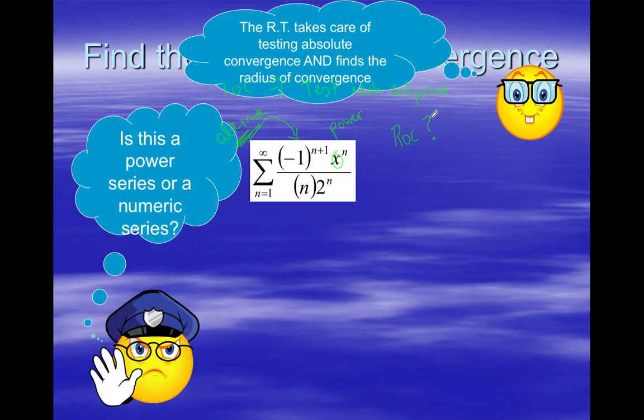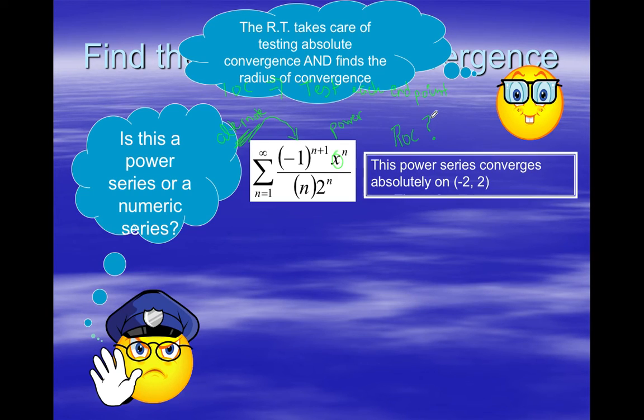You're doing the ratio test. The ratio test takes the alternating pieces out of it. So for every x inside the radius of convergence, you have absolute convergence. Again, I'm not going to do the ratio test on this in this lesson.